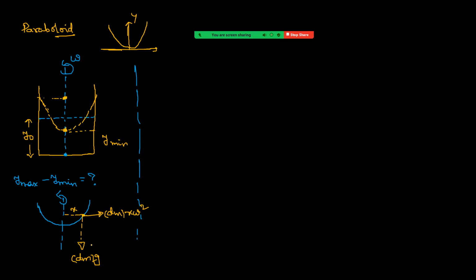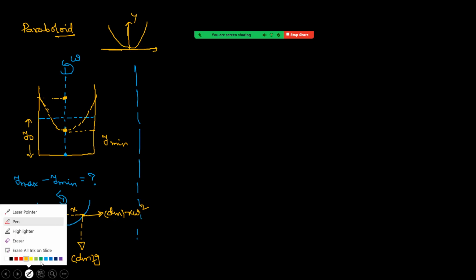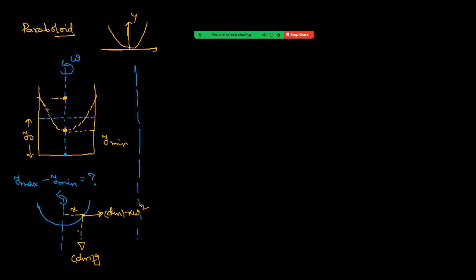Now, the resultant of these two must be normal to this element. That means if we take a tangent at that point, suppose that tangent makes angle theta with the horizontal. Now the resultant force of these two must be normal to that tangent.